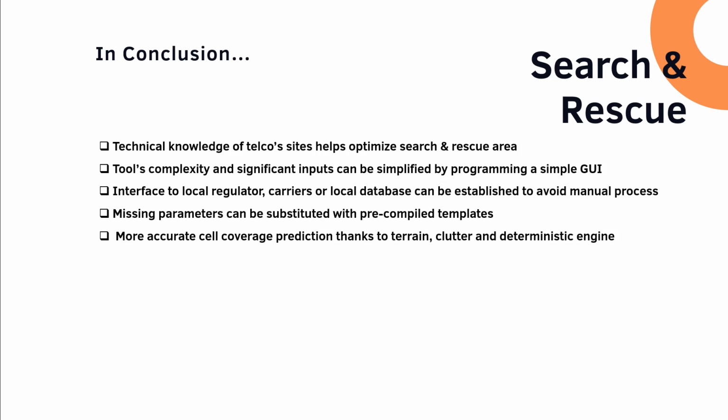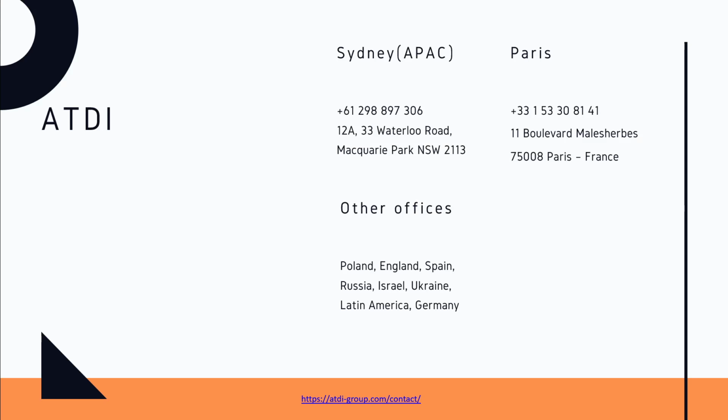So it is possible to populate or to complement the technical parameters by relying on templates. So overall, this achieve more accurate cell coverage prediction thanks to the usage of the terrain, the clutter, and the propagation engine. It's all helping to further enhance or reduce the search area.